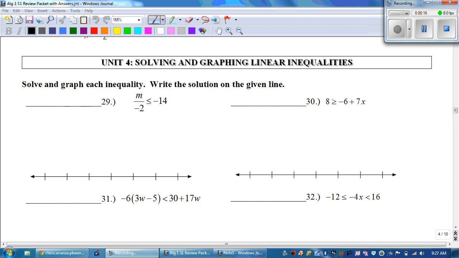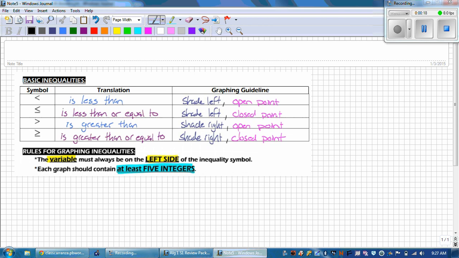Now, what I've got up right now is directly from the 4.1 notes, in case you forgot. Okay, you need to know this. If you forget this, put it on your note card.